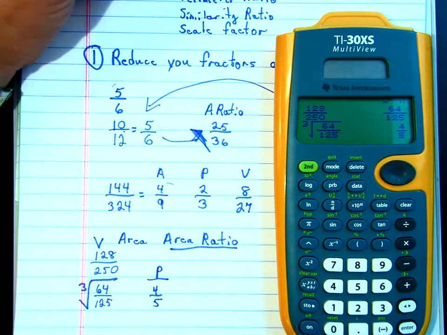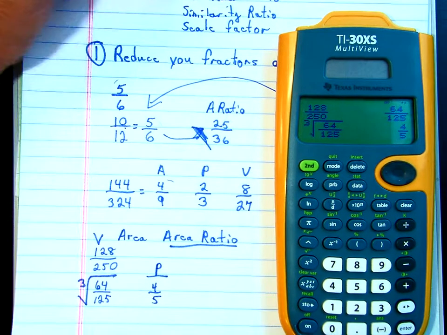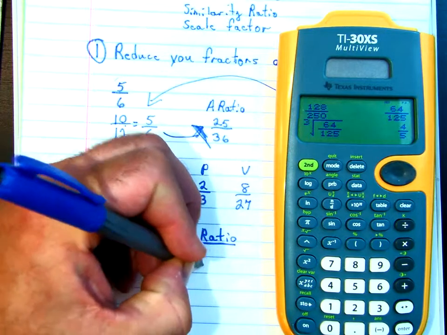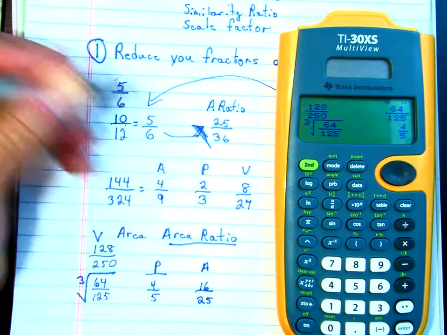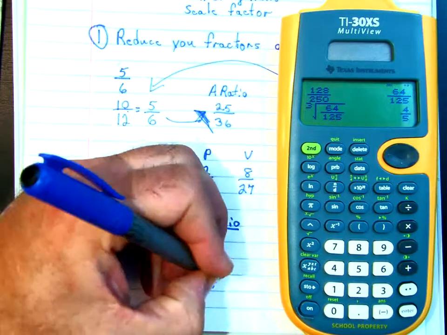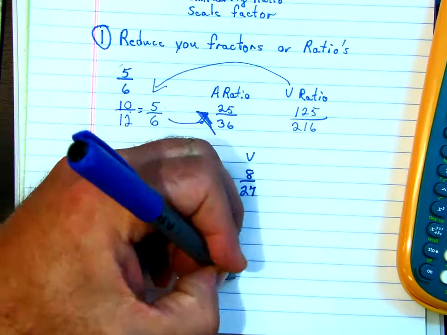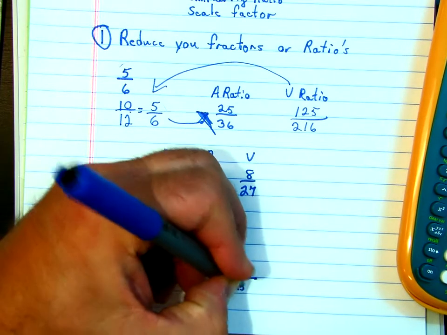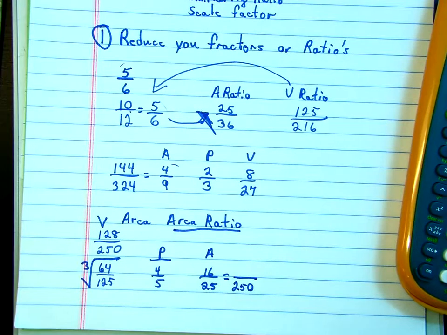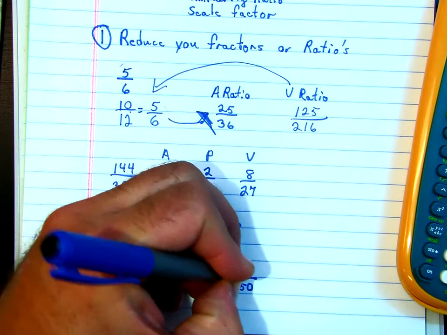I went from volume, cube root it, now I've got to take that and square it, so that gives me an area ratio of 16 over 25, because I square it, equals, and then they give me the area, the surface area, of which shape? The larger one, which is 250. And I need the area of the smaller one, x.